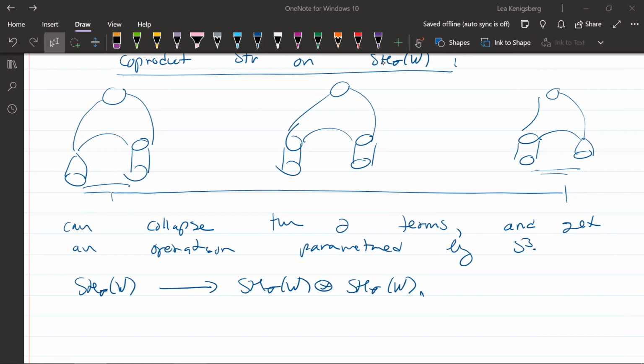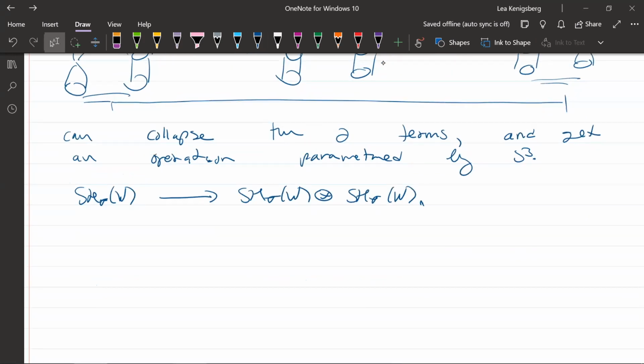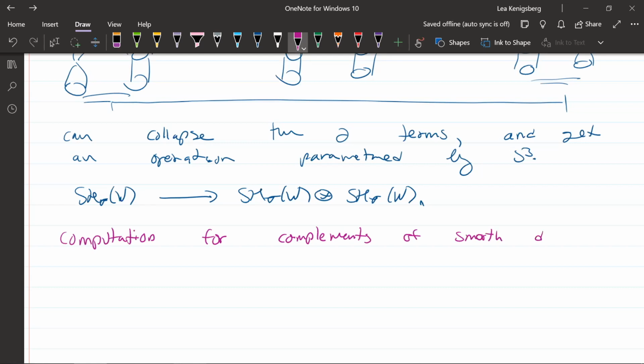And the way to do this is in the setting of complements of smooth divisors, following work by Diogo and Lisi.